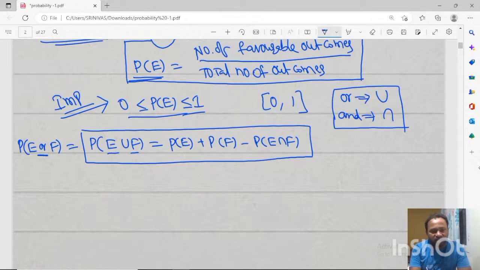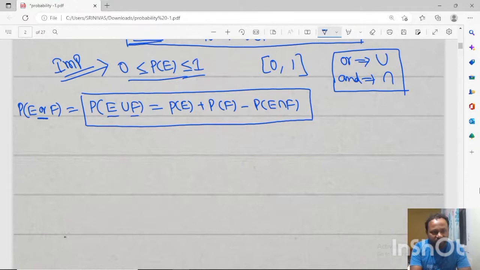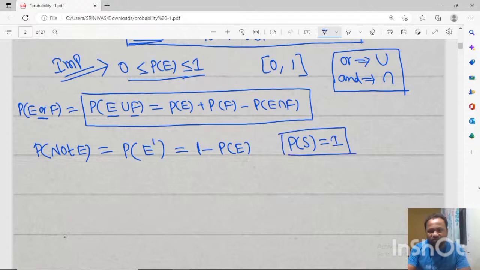Next, one more will be there, the complement of an event. The probability of not E. What do you mean by probability of not E? Probability of not E means E dash, which is 1 minus P of E. Here 1 is nothing but total probability. Probability of sample space is always 1. How is this always 1?